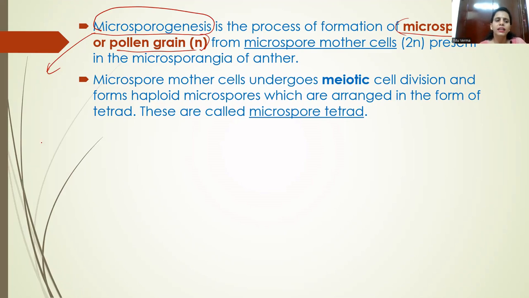Another point to be noted here is that when this microspore mother cell divides, it produces four microspores. All these four microspores are not free to move here and there inside the microsporangia.